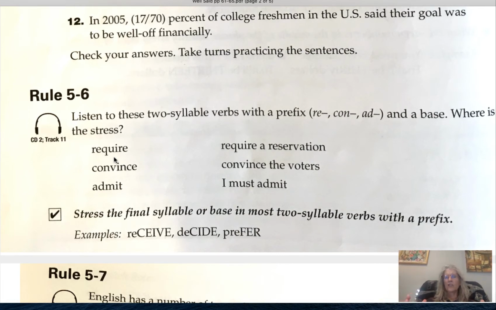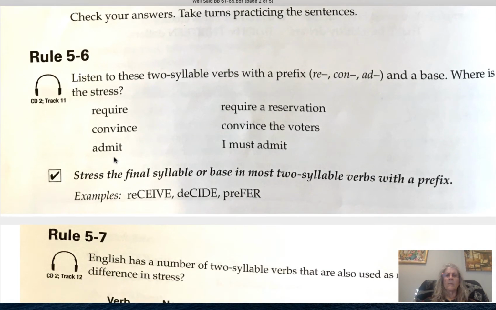Where do you hear that stress? Hopefully you heard it on the last part: receive, decide, prefers. So stress the final syllable or the base in most 2-syllable verbs with the prefix, like re or de or ad or pre or con.